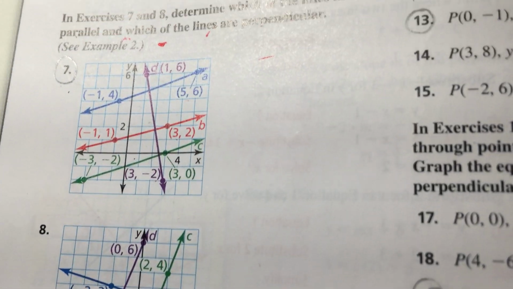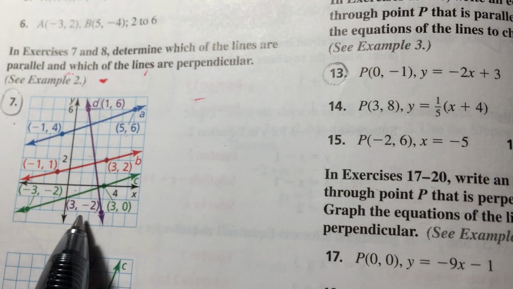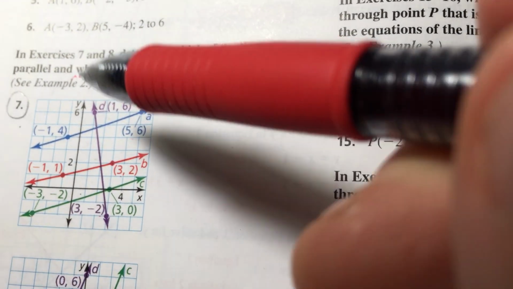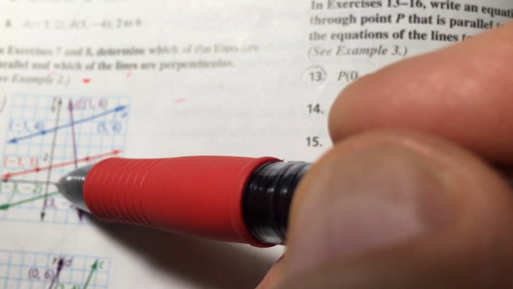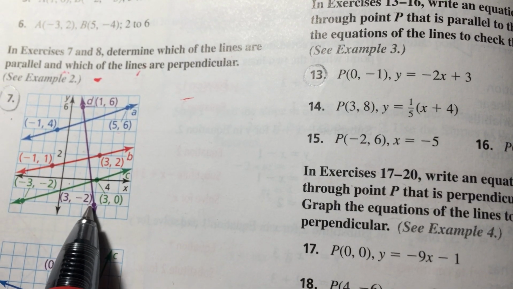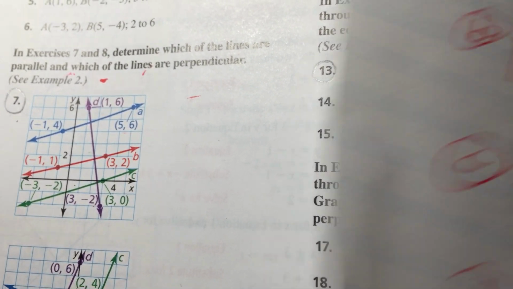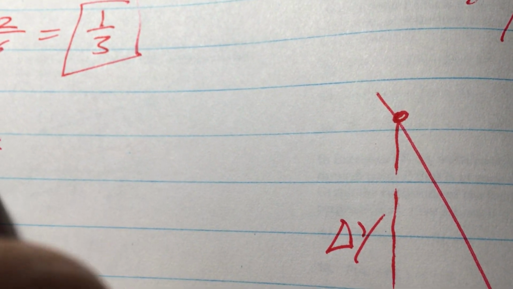This is your rise, this is your run. So we have 1, 2, 3, 4, 5, 6, 7, 8. And the run is 1 and 2.